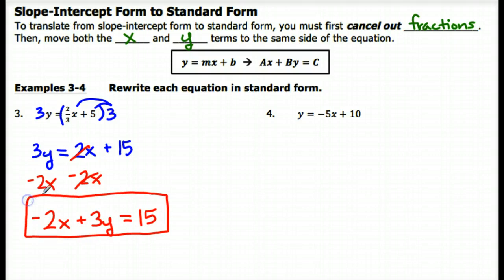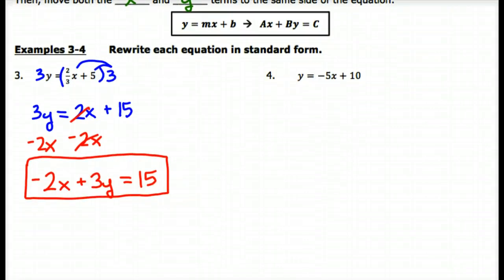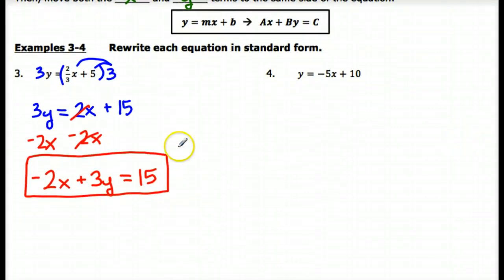I will tell you some textbooks, just depending on which one you use in high school, will tell you that standard form makes you go a step further, and some textbooks will say that standard form requires that the x term be positive. So in some textbooks you're going to see this. You're going to see them do the same steps we did, but then if the x term is negative, multiply everything by -1 in order to make this positive.